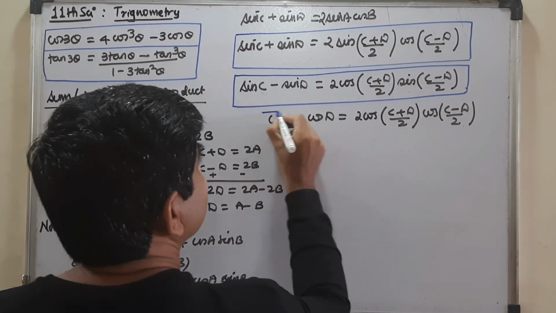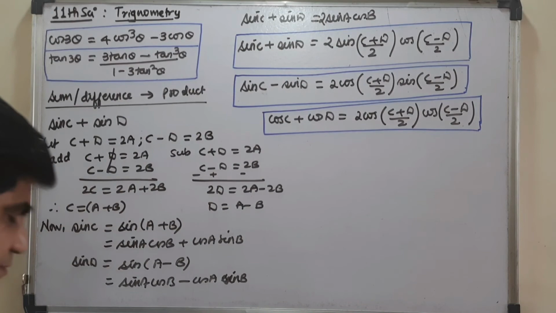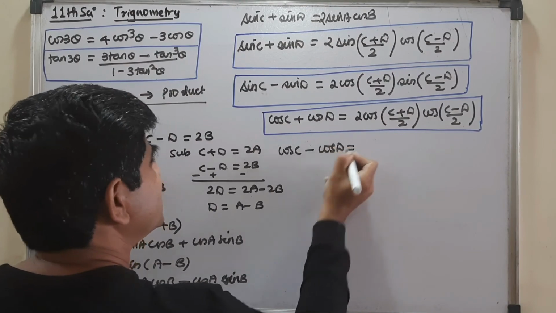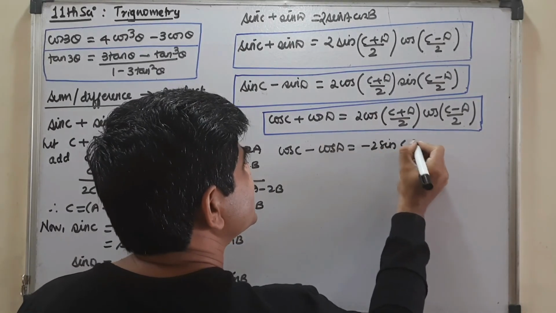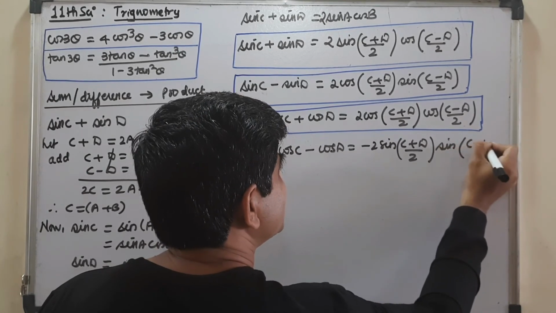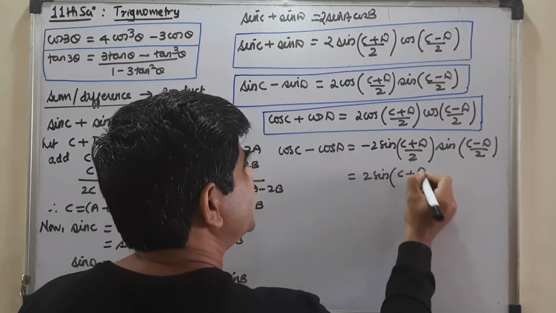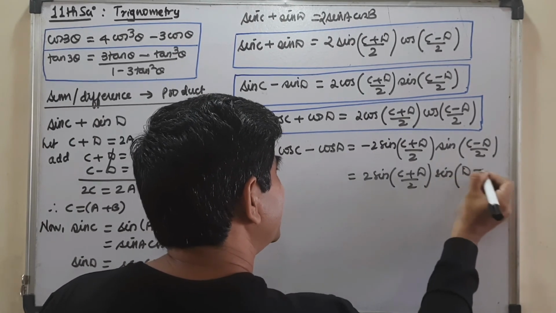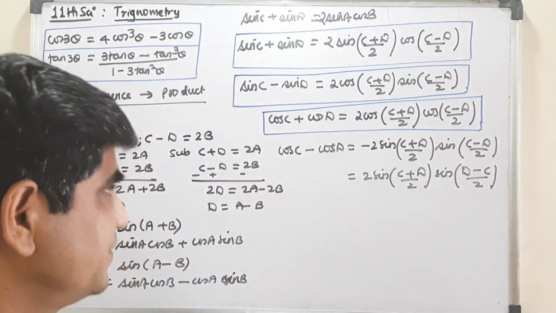And the last formula in this series is cos C minus cos D. You can remember it in two ways: minus 2 sin of C plus D by 2 into sin of C minus D by 2, or 2 sin of C plus D by 2 into sin of D minus C. The change over here is because of the sign.